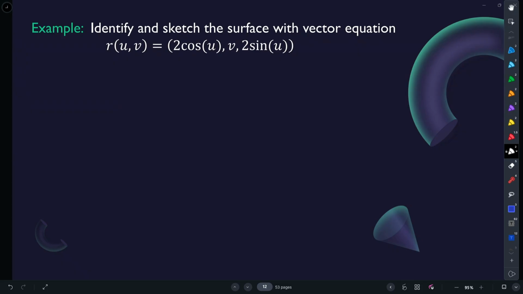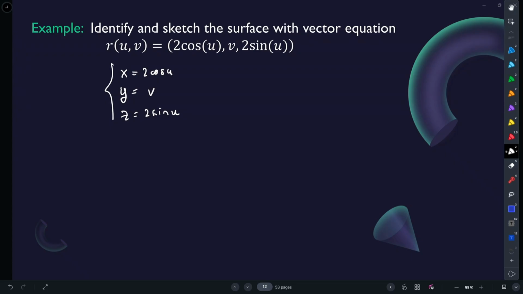What's this parameterization doing? It's a cylinder in the y direction. So what I can do to figure that out is call this x. So again, I can write x is 2 cosine u, y is v, and z is 2 sine u. And what you do to find, okay, this is hopefully some sort of algebraic expression for a surface.